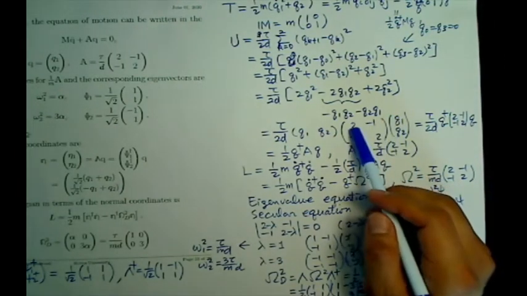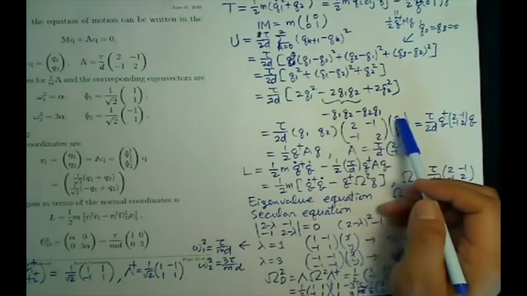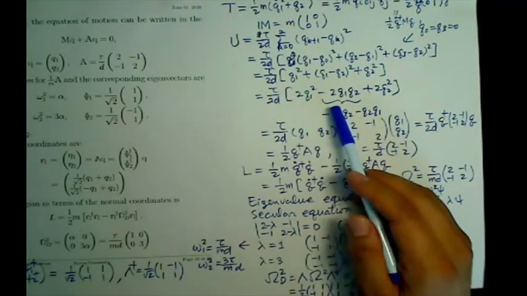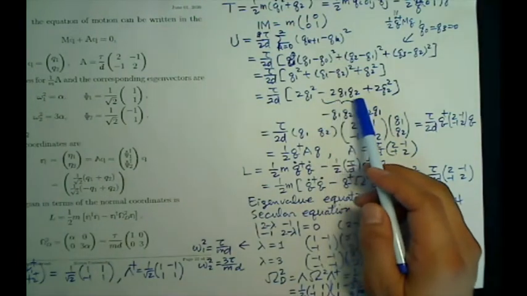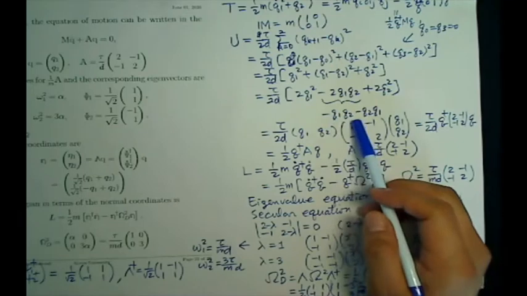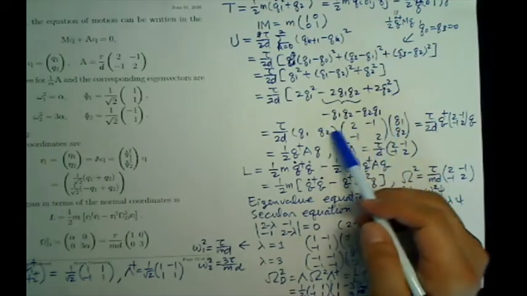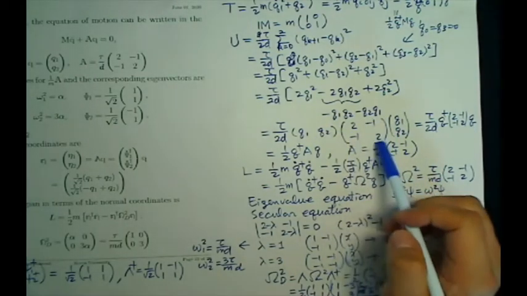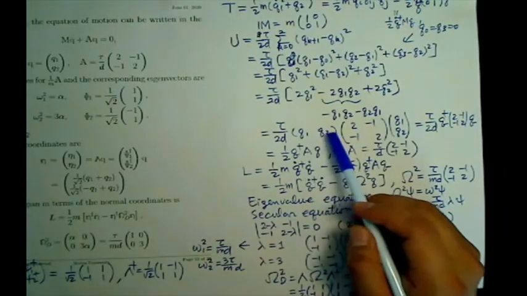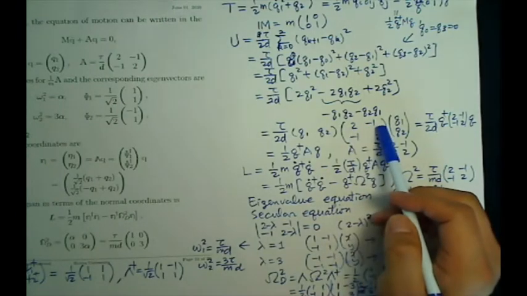That means diagonal elements are a factor of 2. This is multiplied to the product of q1 and q1. Because we have minus 2 q1 q2, that can be equally distributed into q1 q2 and q2 q1. Because in the expansion of this product, we find q1 is multiplied to here and there.